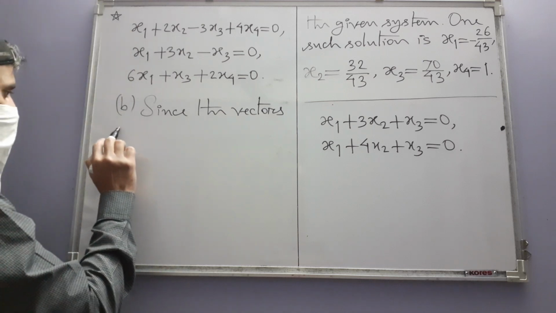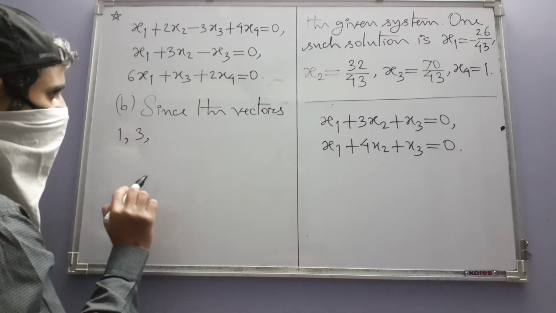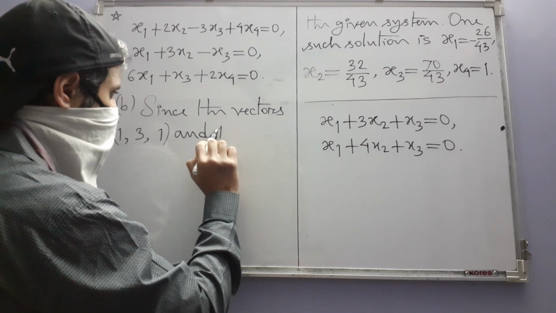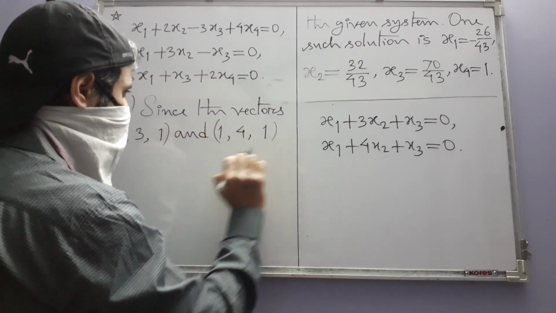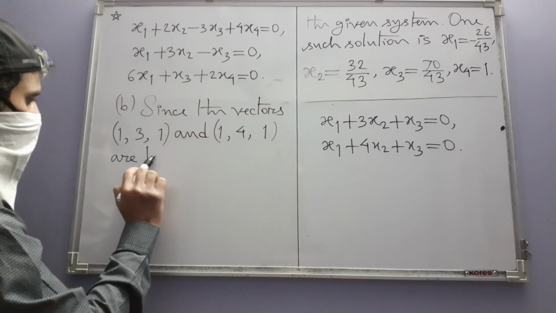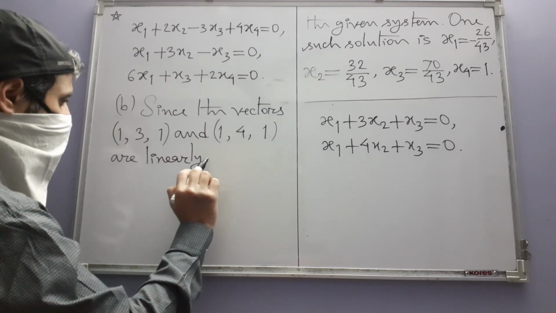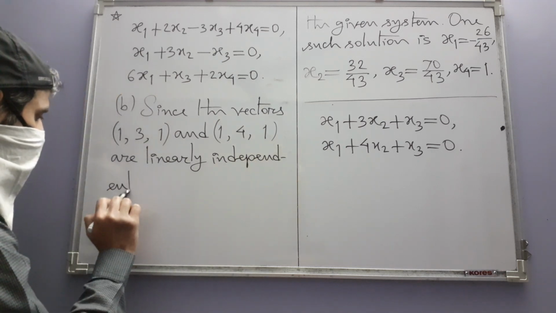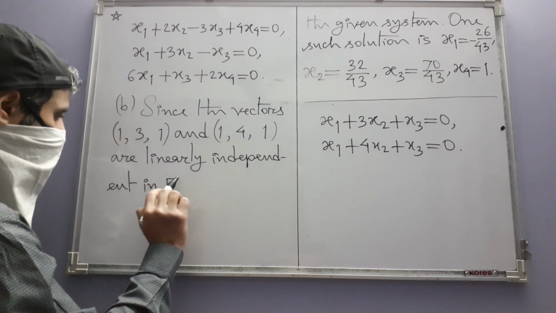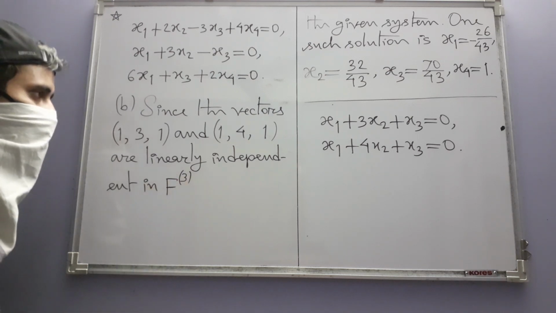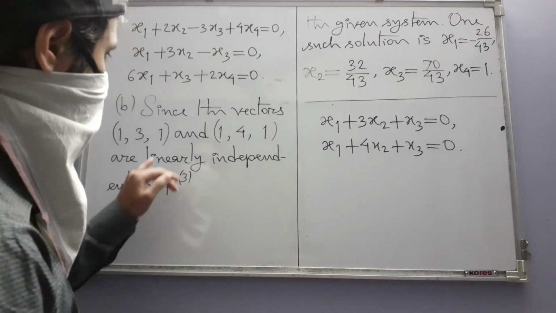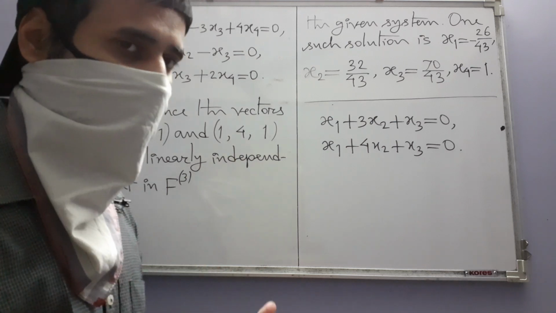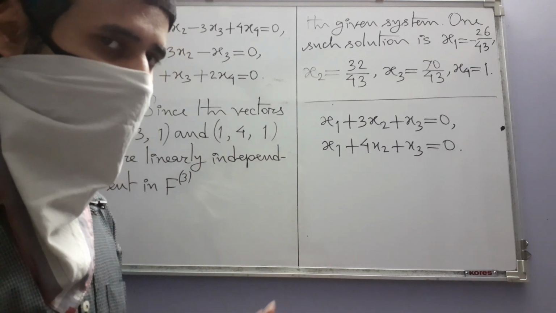Since the vectors (1, 3, 1) and (1, 4, 1) are linearly independent in F3, and here it's much easier to see that they are linearly independent. 2 vectors are linearly dependent if and only if any one of them is a scalar multiple of the other.